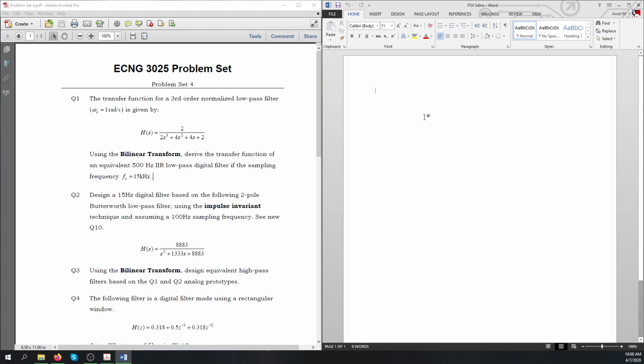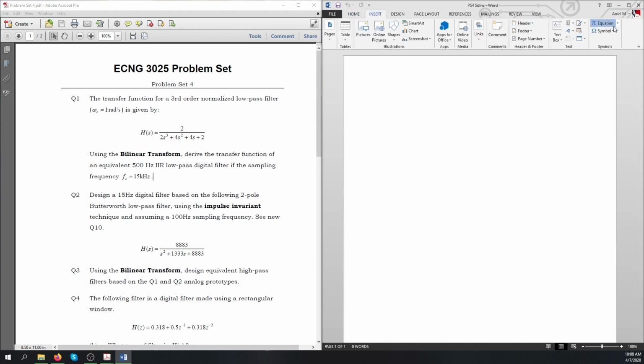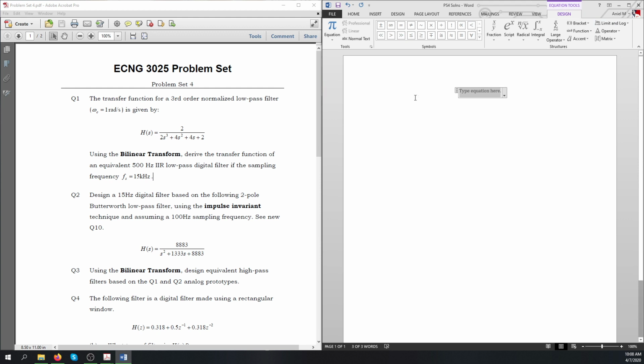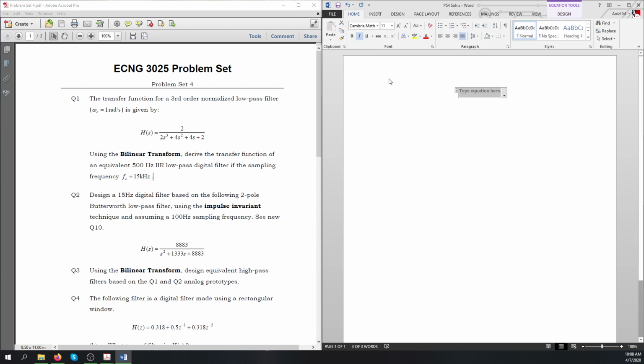So the first thing that we want to do is start with the h of s equation. Question 1.